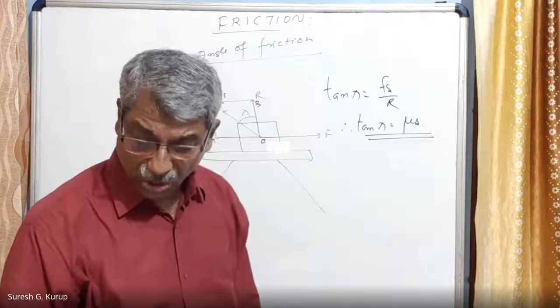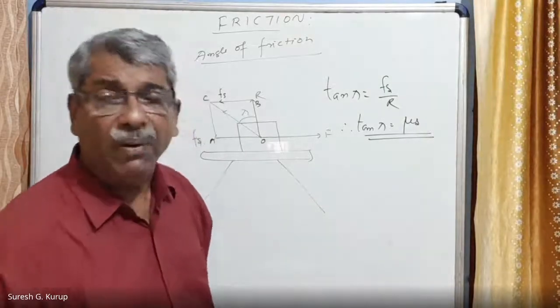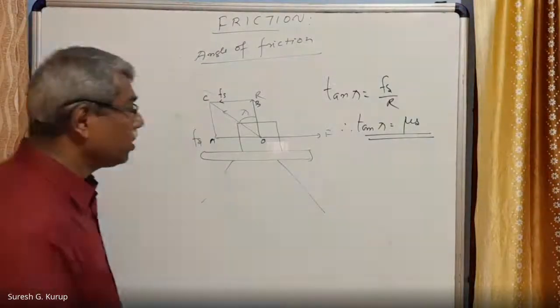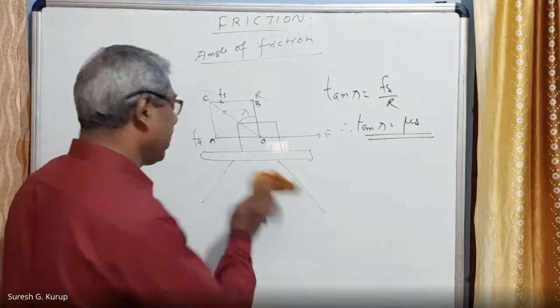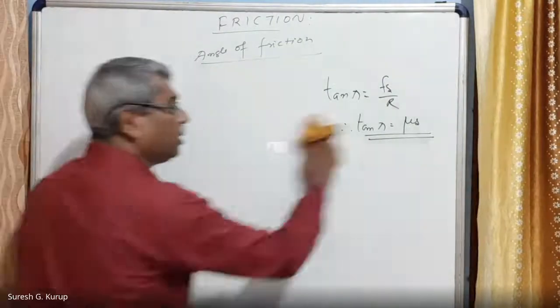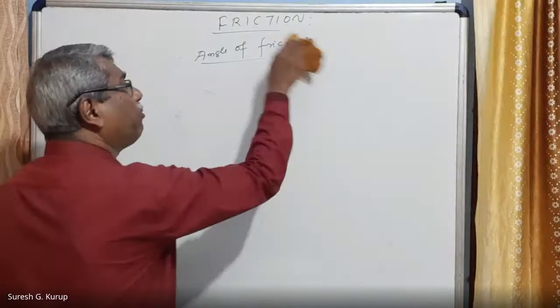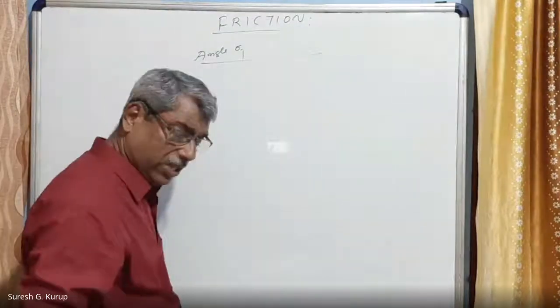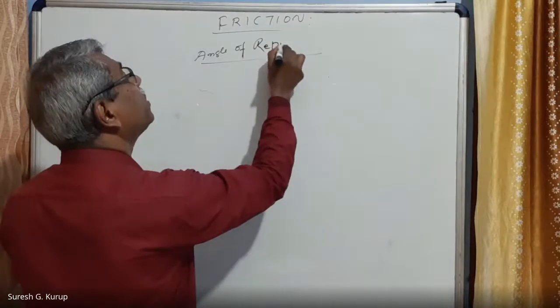This is one thing. The other thing I want to tell you about is angle of repose. I think you understood angle of friction, right? Okay. Next is angle of repose.